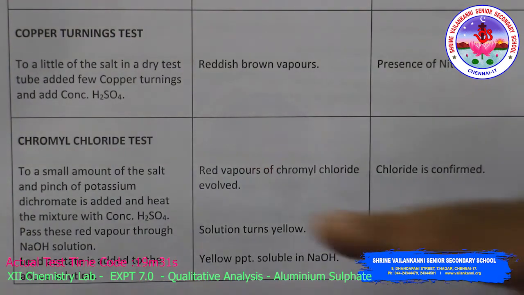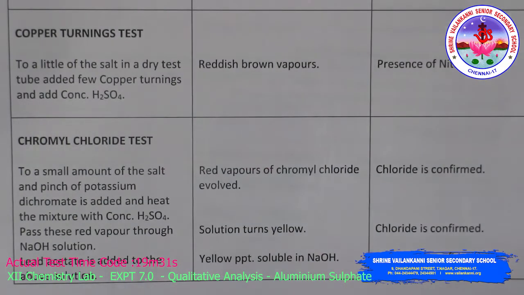Then the chromyl chloride test, a very important confirmation test for chloride. To a small amount of the salt, a pinch of potassium dichromate is added, and heat. Then add concentrated sulfuric acid, and pass the red vapors through sodium hydroxide solution.